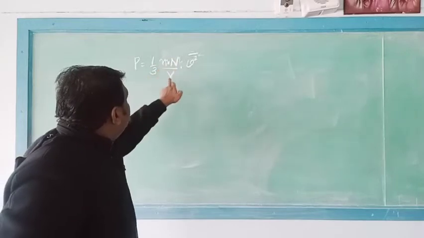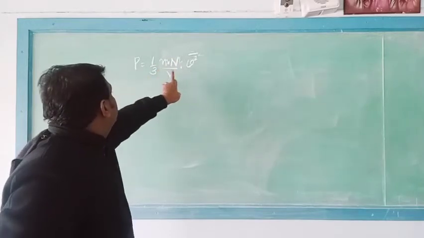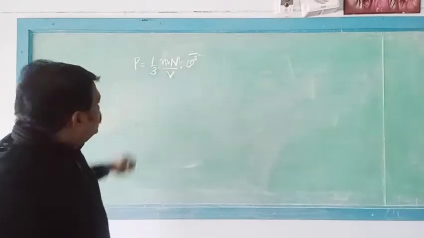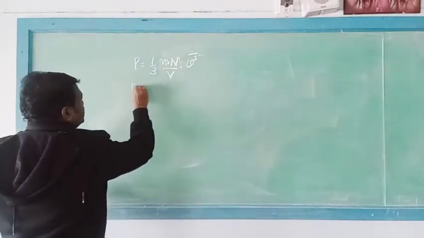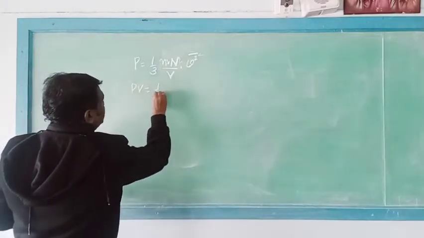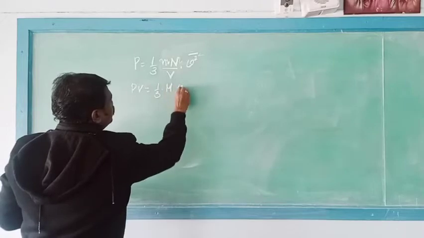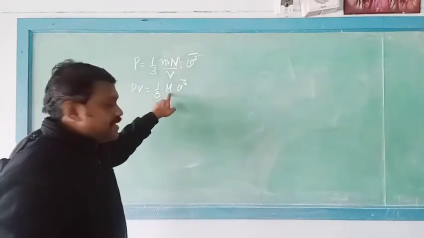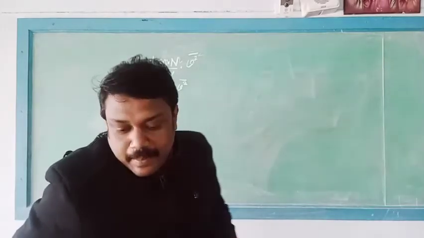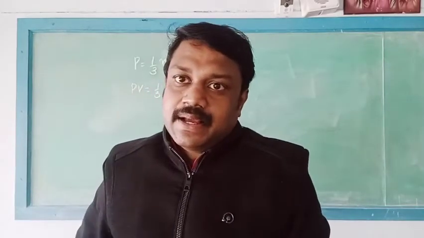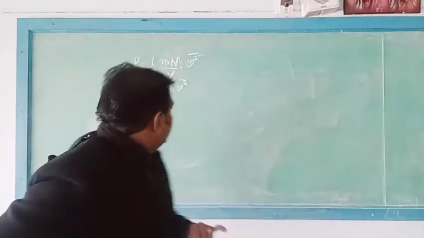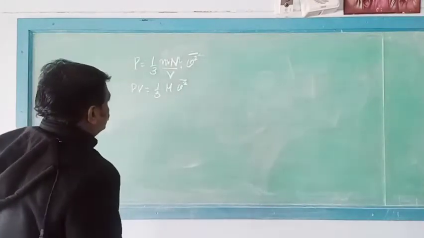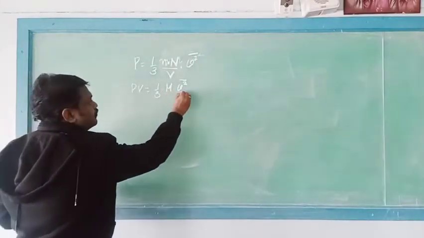So mN divided by V into V square will be P, and we can have PV is equal to 1/3 M V square average. What is this M? That is the molecular mass, small m into capital N. So PV is equal to 1/3 M V square.